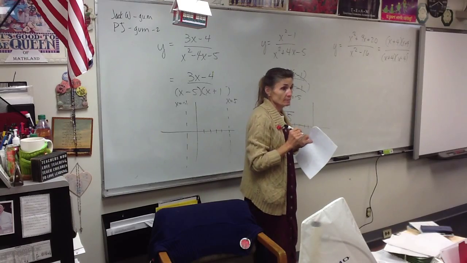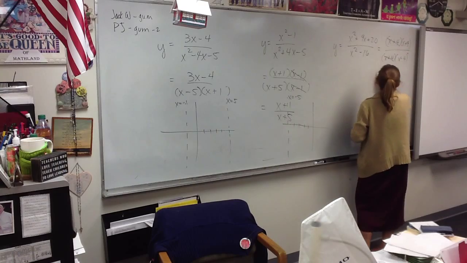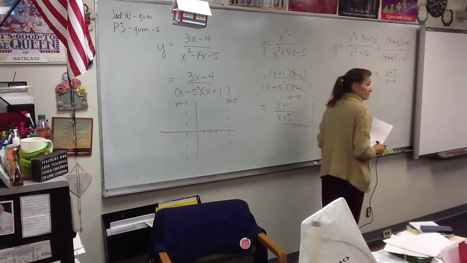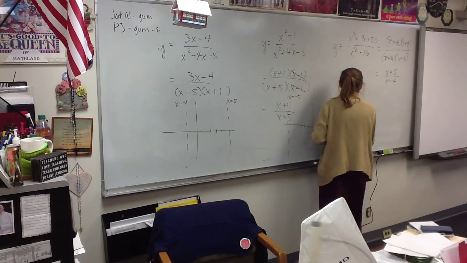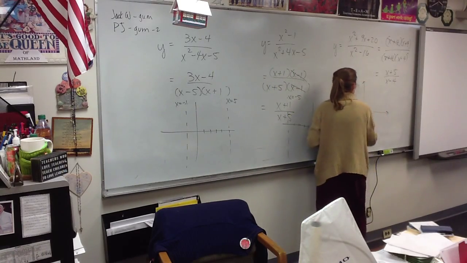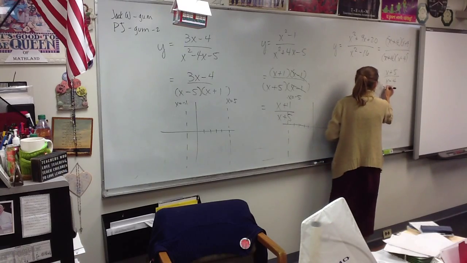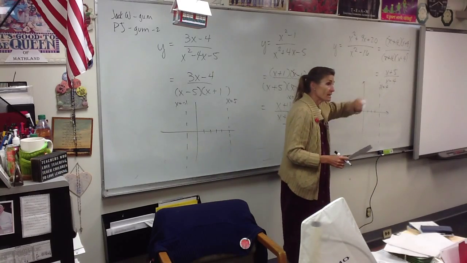What happens? We can cancel. So really our problem is just this, which means 1 asymptote where? At x equals 4. Now, there is no asymptote at negative 5.